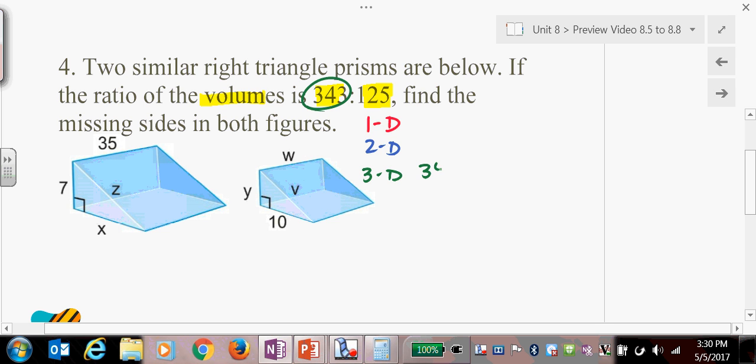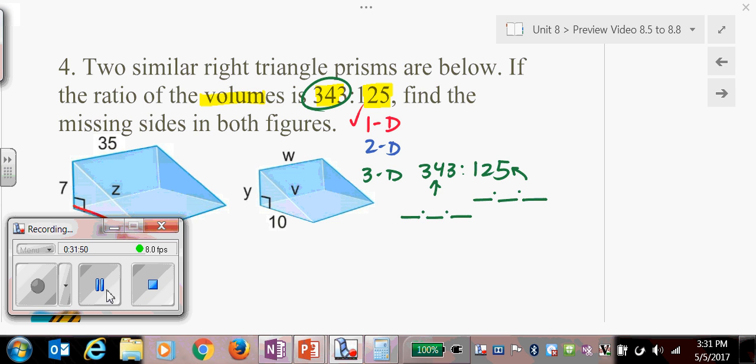We're given our 3-dimensional ratios. The variables we're finding are all just lengths. That's going to be 1 dimension. So you have to ask yourself, what number times itself 3 times is 343, and what number times itself 3 times is 125.